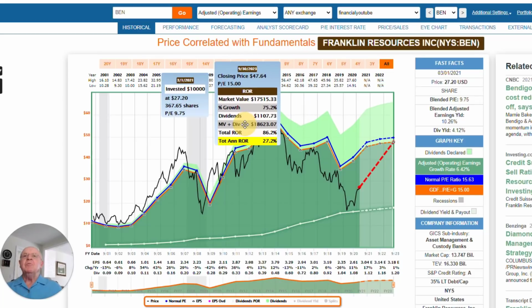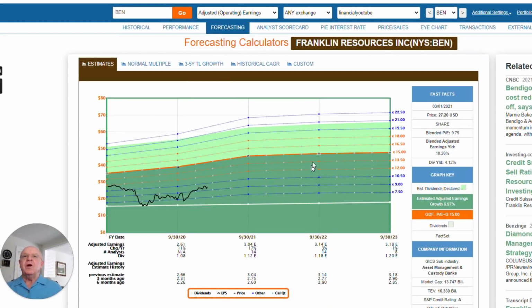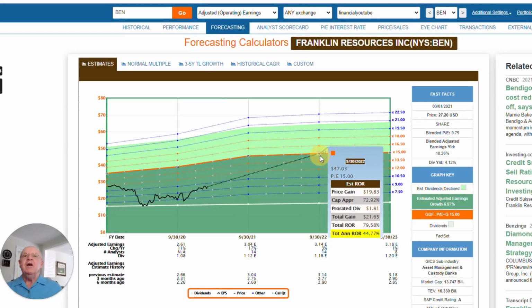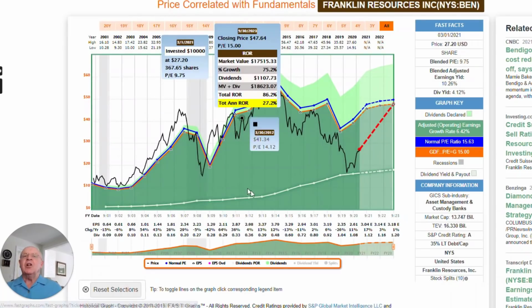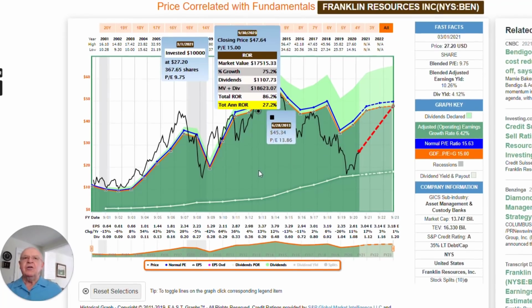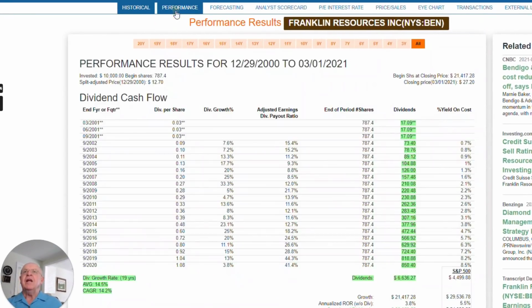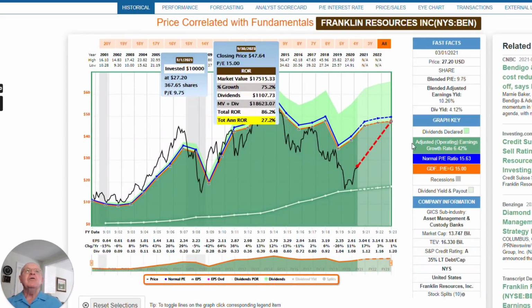But I would call this more speculative, which means a little more risk, but there's also a much greater reward for taking that risk. It is an A-rated company with only 35% debt. It's got a great long-term track record and history. It's got a really strong dividend record, averaging 14% growth in income. If I buy it at today's low valuation, I've got a dividend yield of over 4%.